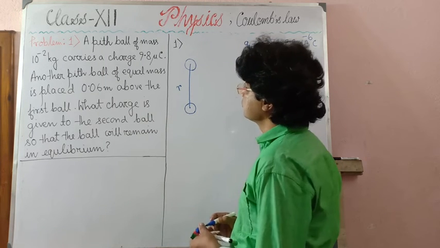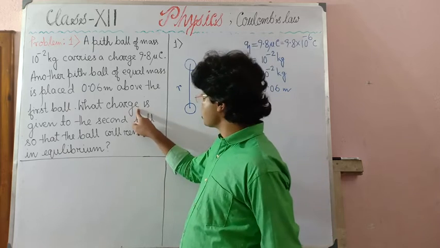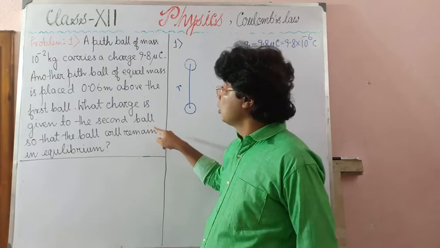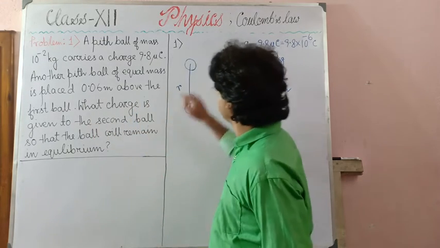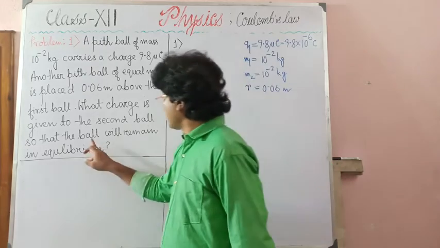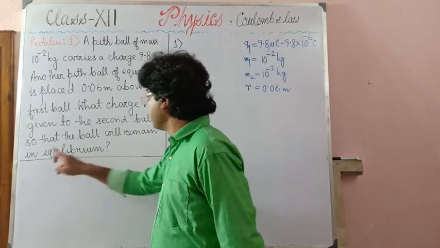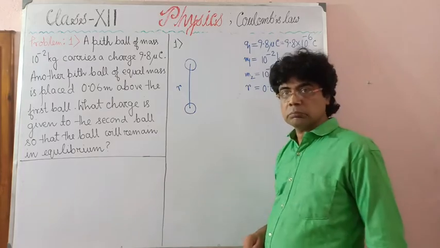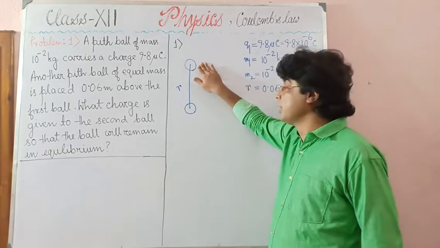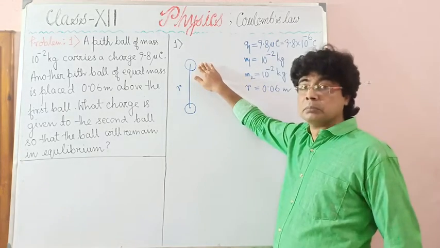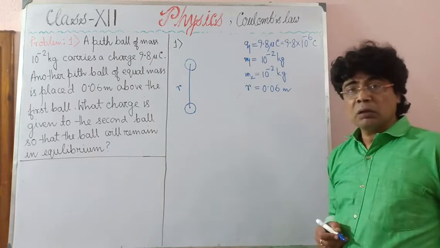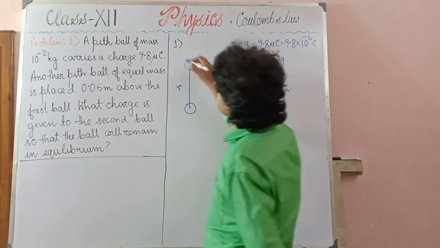Next, what charge is given to the second ball so that the ball will remain in equilibrium? Suppose the charge of the second ball will be Q2.